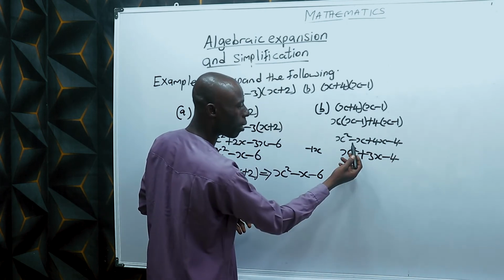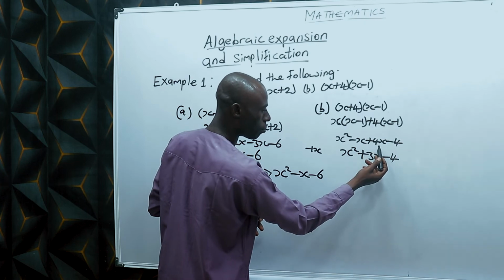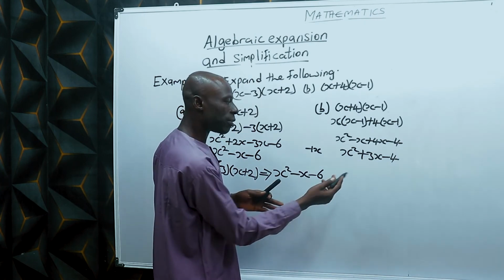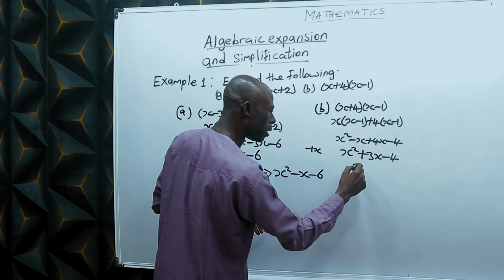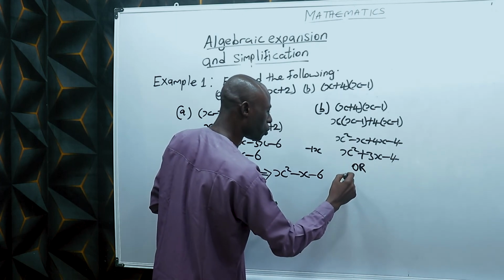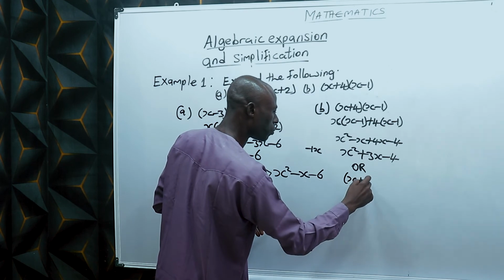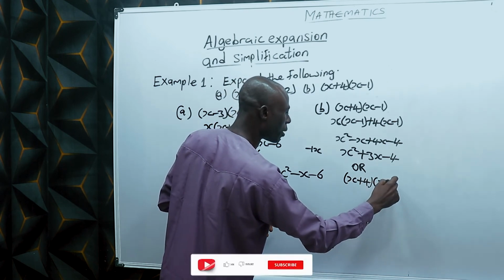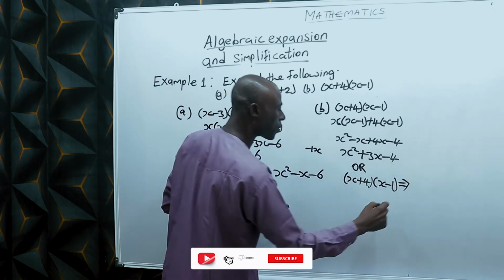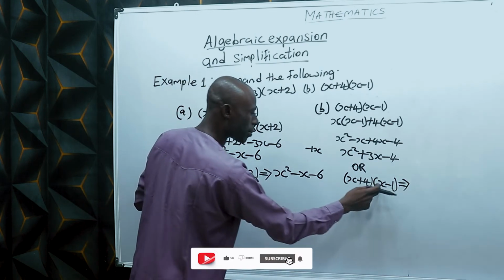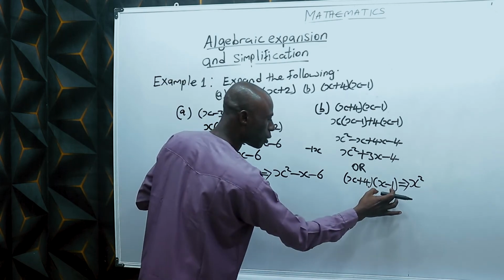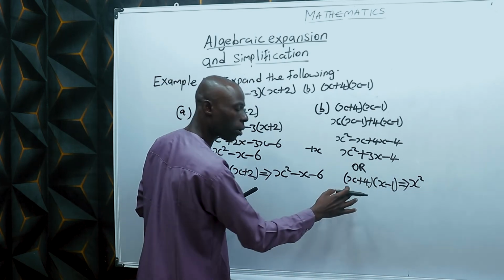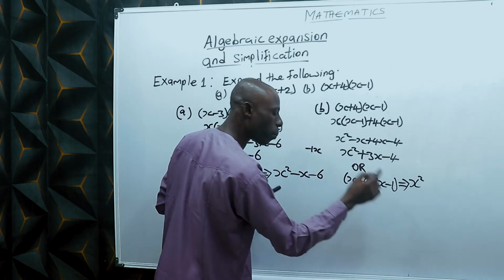What are we doing? Negative x plus 4x gives positive x. Now, to have this one also directly, direct approach, you have x plus 4 into x minus 1, which gives x times x, x squared. Add the two constants, positive 4, add it to negative 1, that gives you positive 3.